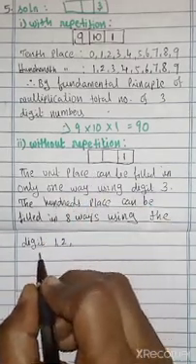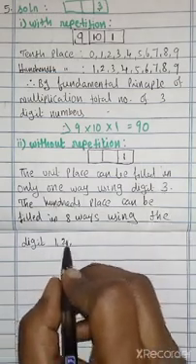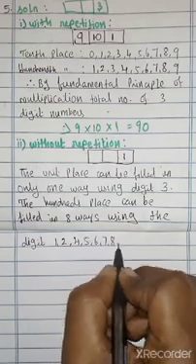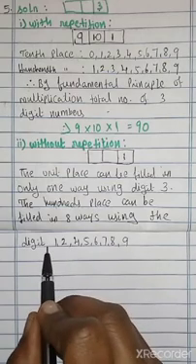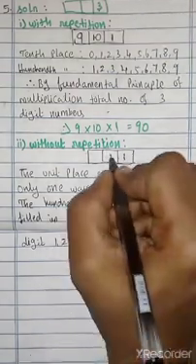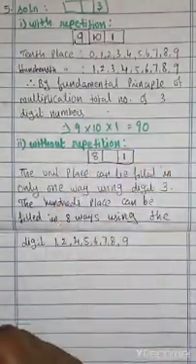Correct? Because already we have used 3 here. So 1, 2, 4, 5, 6, 7, 8, 9. Correct? We can't use 3 and we can't use 0 here. So totally 8 ways we can fill in the 100th place.